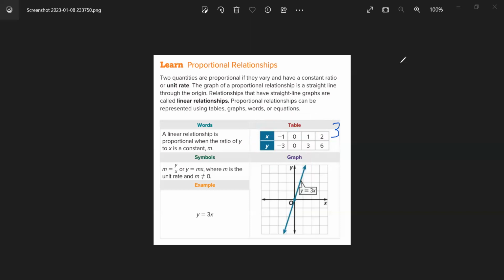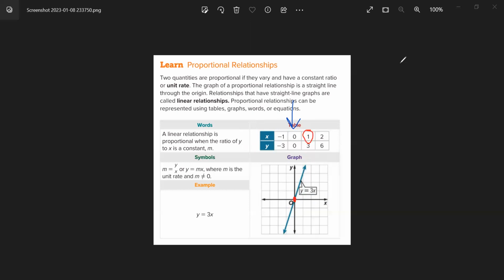Now, we also can represent a proportional relationship with a graph, right? What does that mean? This same table can be graphed. Remember, X is this line right here, and Y is the vertical line. So this table tells me that when I am at 0, I will have to pay 0.